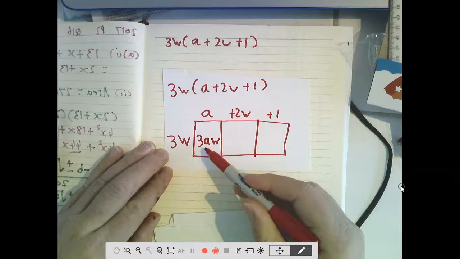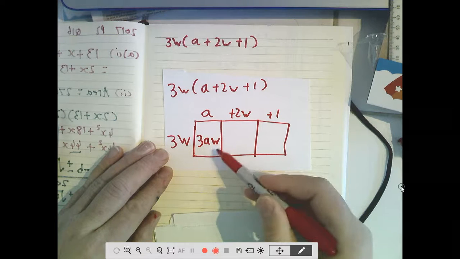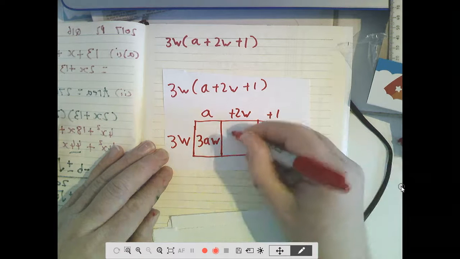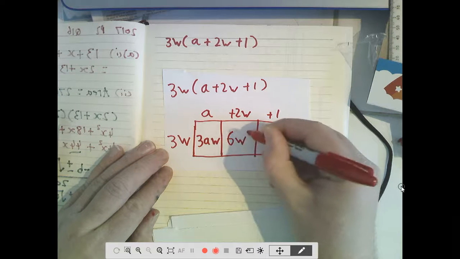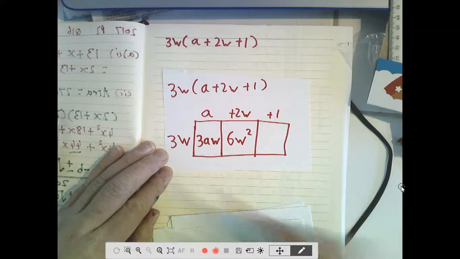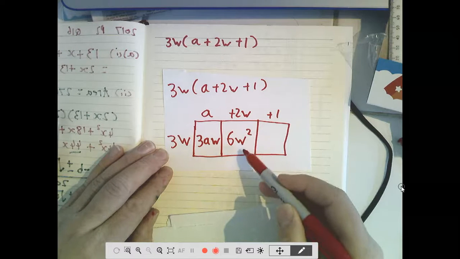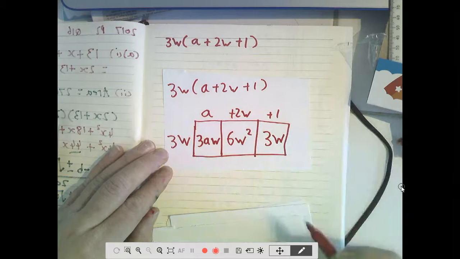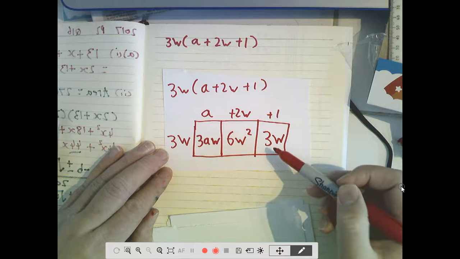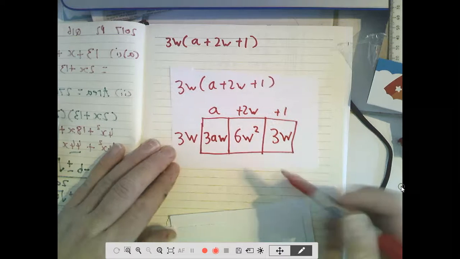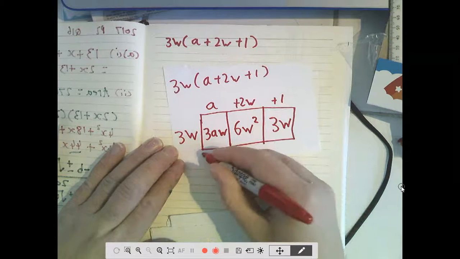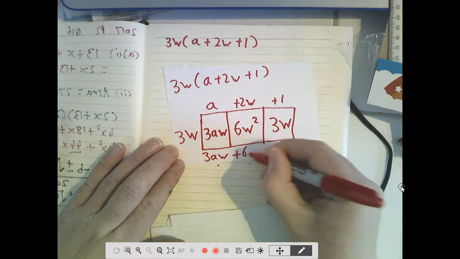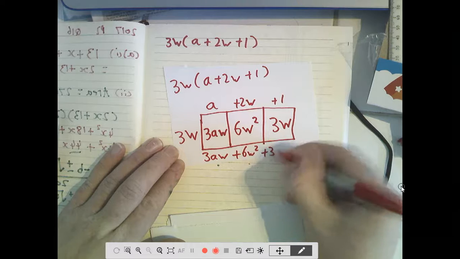Can you remember why I've put a first? 3w times 2w. Can you remember why I've written w squared? Can you see why I've got 3w as my answer here? So my final answer, which I've not left myself very much room to write, is this: 3aw plus 6w squared plus 3w.